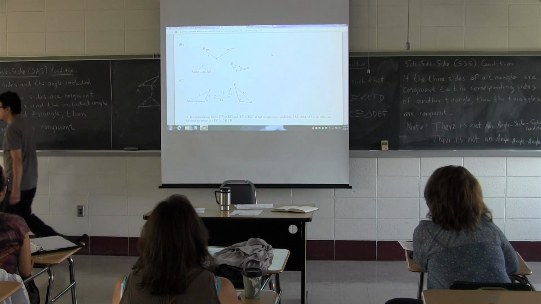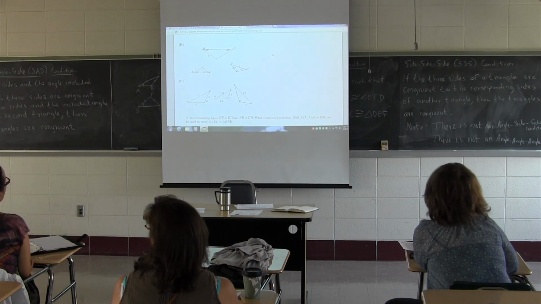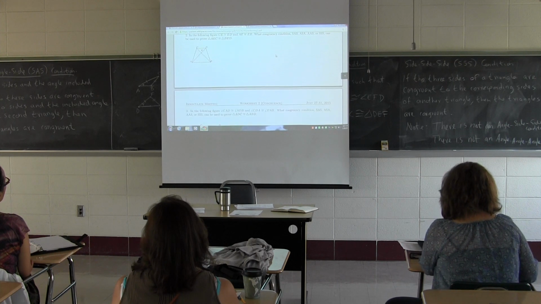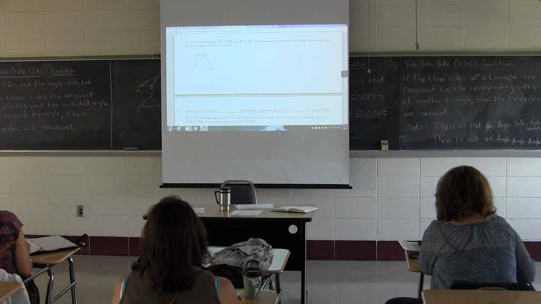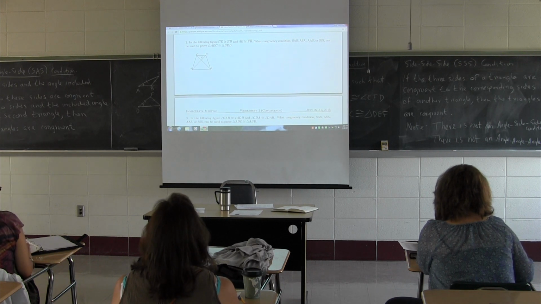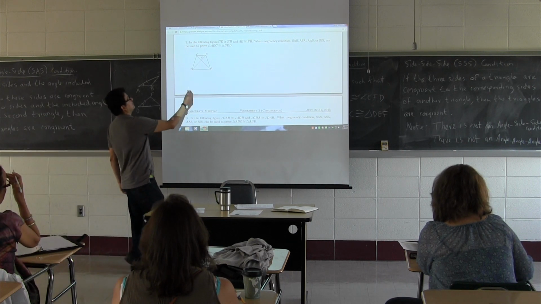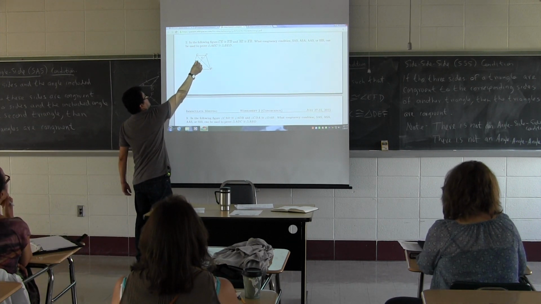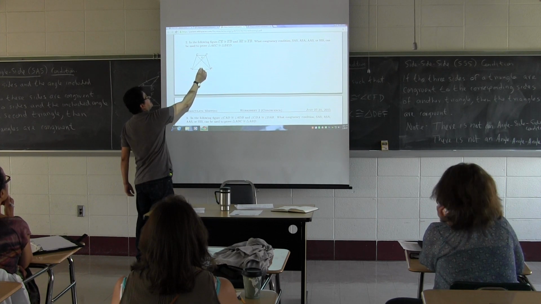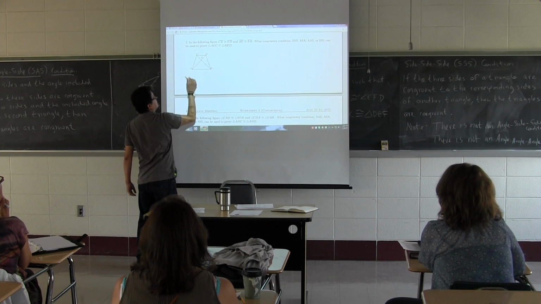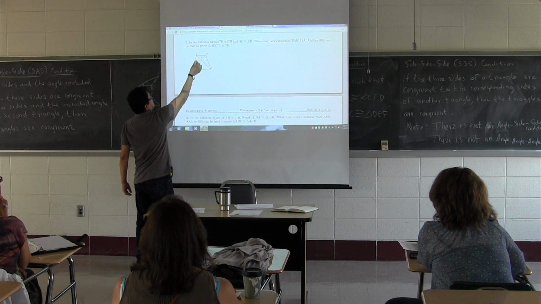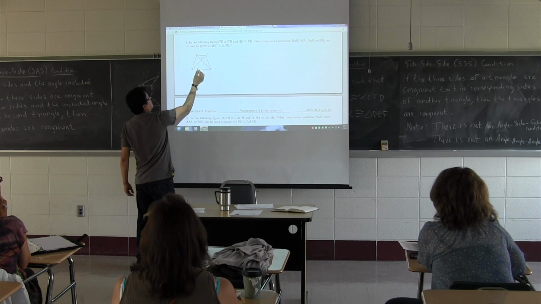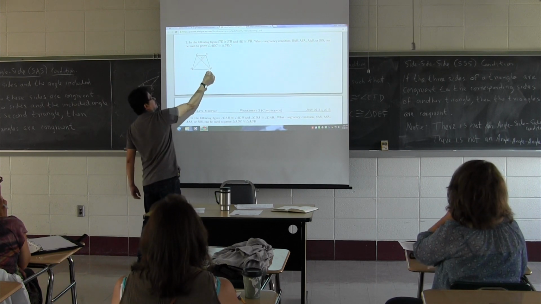Okay. So now let's remove the numbers. So what about question 2? In this figure, we assume that this segment is congruent to this segment, is congruent to this segment, and we want to show that this triangle here on the left is congruent to this triangle here on the right.